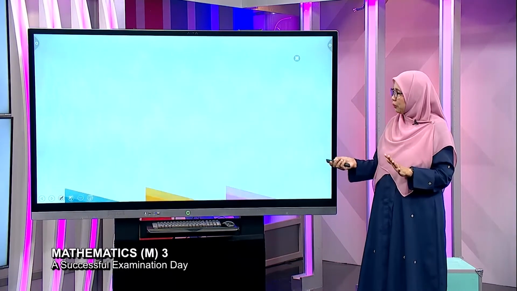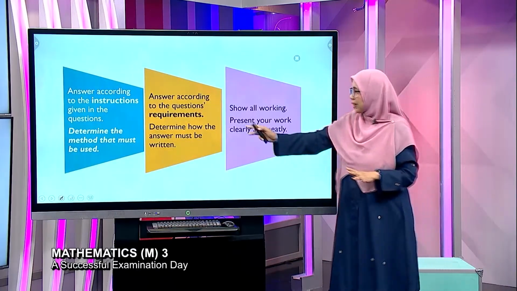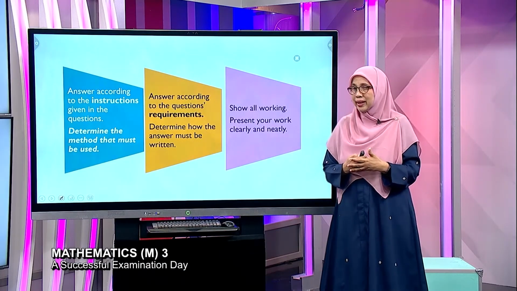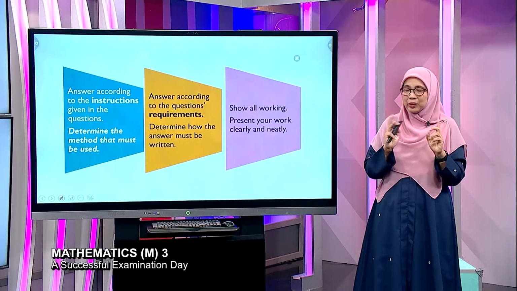Then when you answer, please answer according to the instruction, because it helps you to identify the method that must be used. Answer according to the requirement because it helps you to write down the answer as asked in the question. And don't forget this, show all working, except for the task word state, where no working is needed.